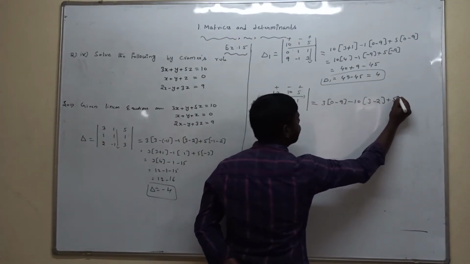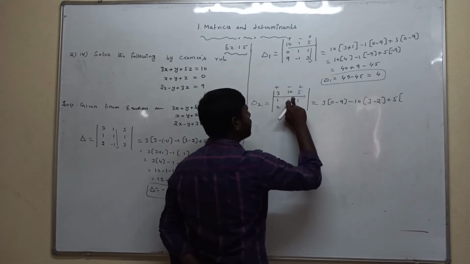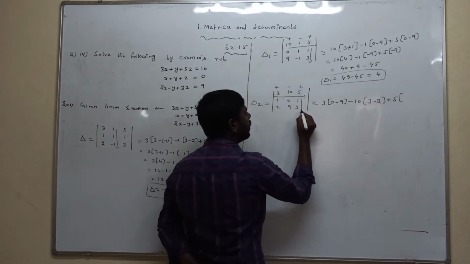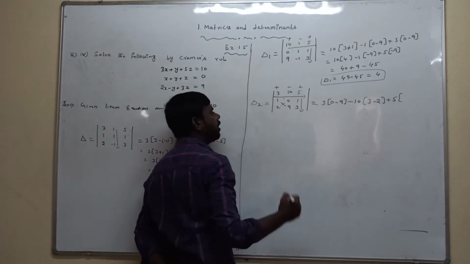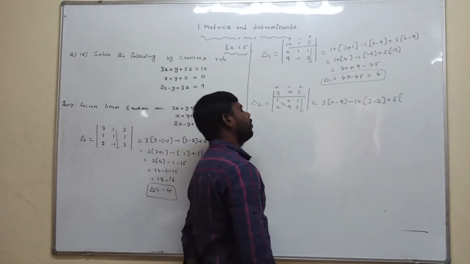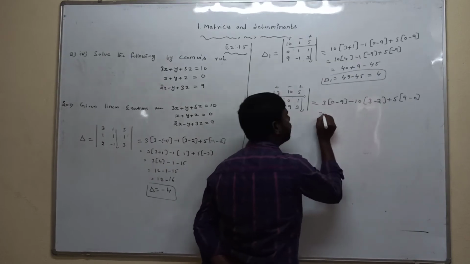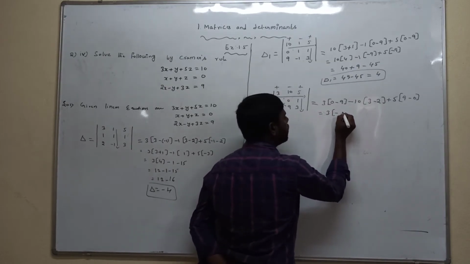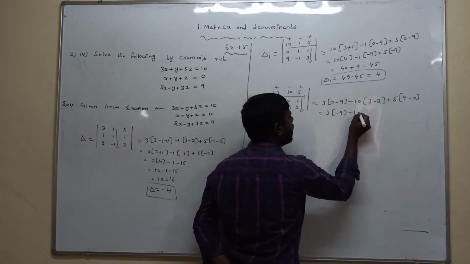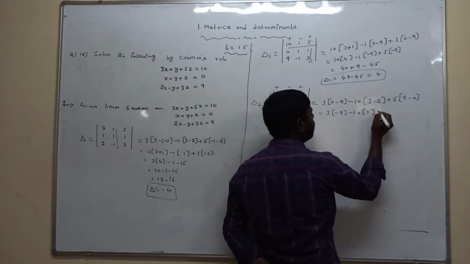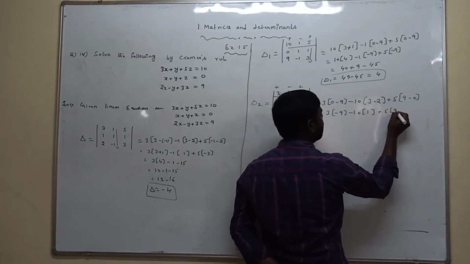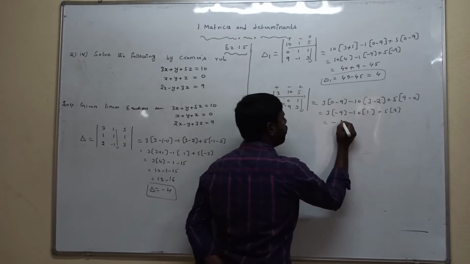Plus 5. Plus 5 present in the first row and third columns are eliminated. Cross multiply left of the elements. 1 into 9, 9. 2 into 0, 0. Simplify this one. 3 into 0 minus 9, that value is minus 27. Minus 10 into 3 minus 2, that value is minus 10. Plus 5 into 9 minus 0, that value is 45.